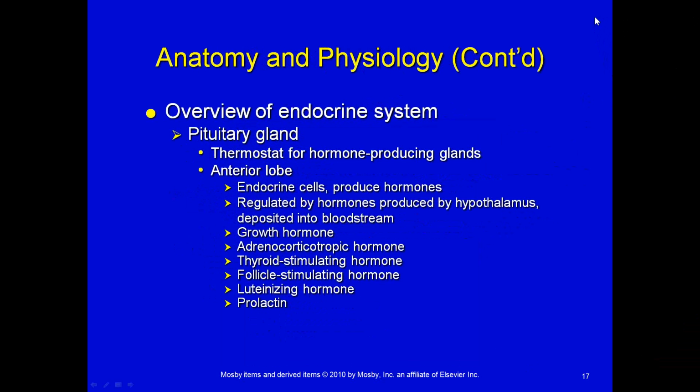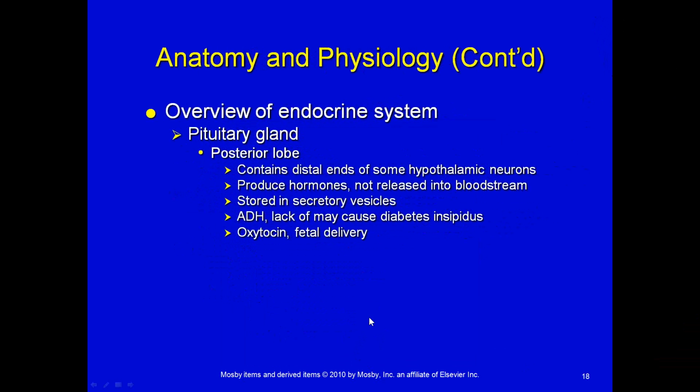And we already mentioned those hormones that are produced by the pituitary gland, to include the growth hormone, the adrenal corticosteroid hormones, the thyroid hormones, the follicle-stimulating hormones, luteinizing hormones, and prolactin hormones.